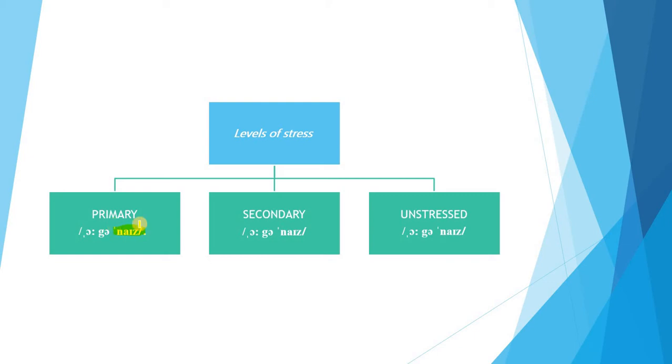Okay, and the secondary stressed syllable is the second, less prominent syllable, especially when I have 3 syllables. It will be clearer, like here. And its vertical line is down, not like the primary one. Concerning the unstressed syllable, I have this one, which is unstressed, so I don't put anything here.